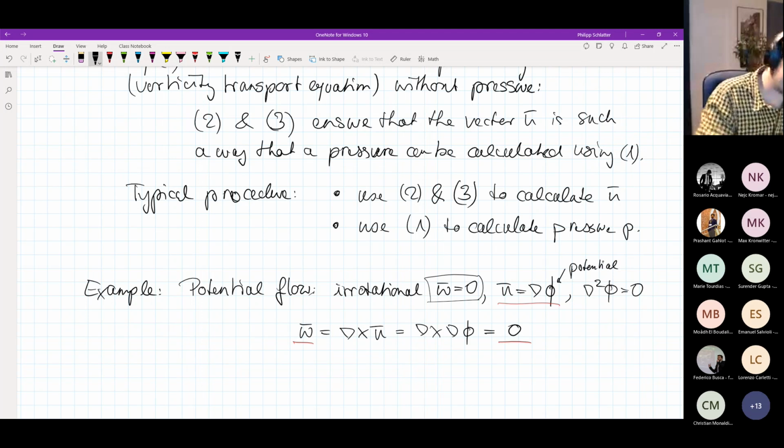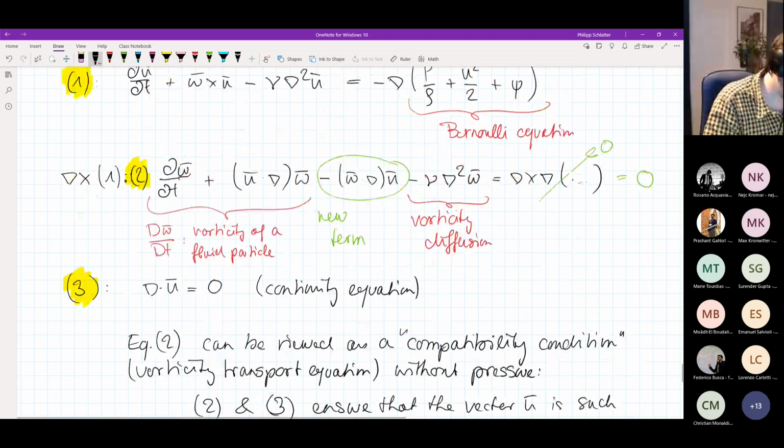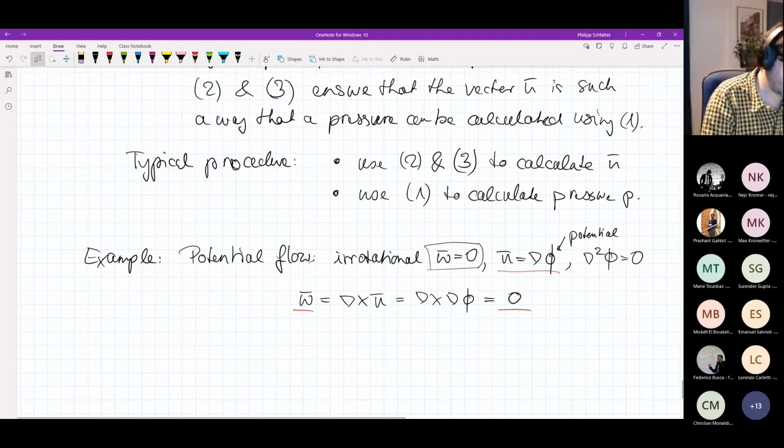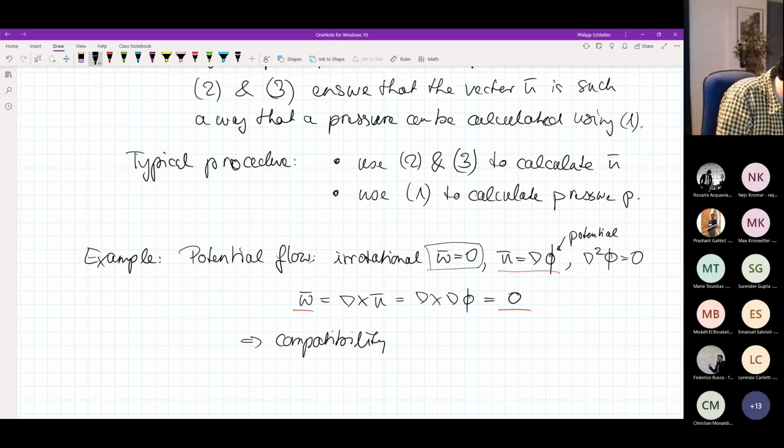And now for us discussing the aspects with compatibility condition, it means that using a velocity field which is defined as a gradient of a specific phi is actually fulfilling the compatibility condition. Compatibility condition number 2 is fulfilled.